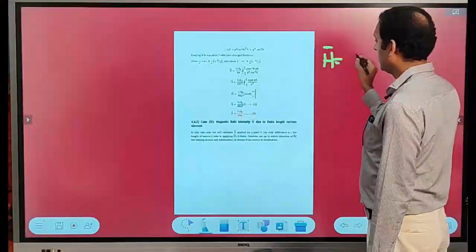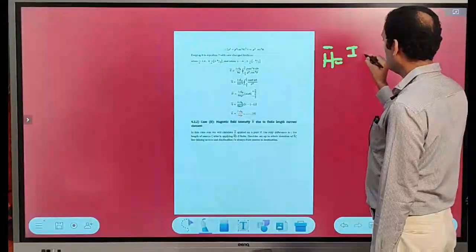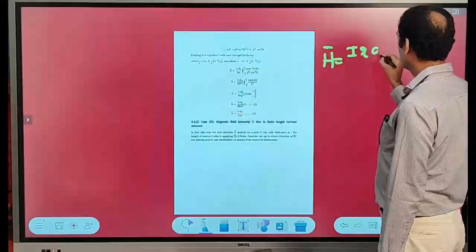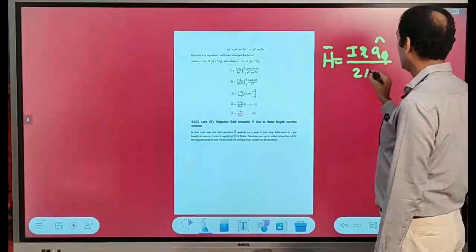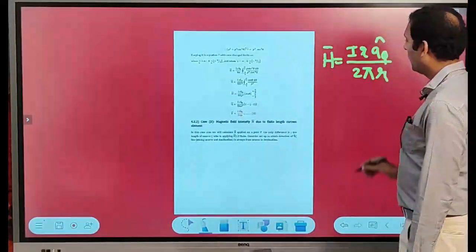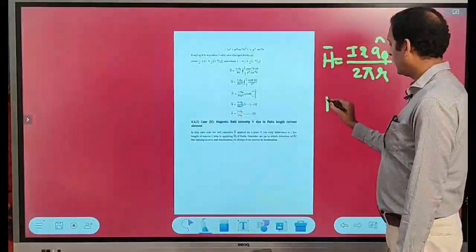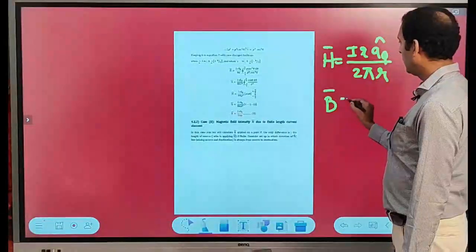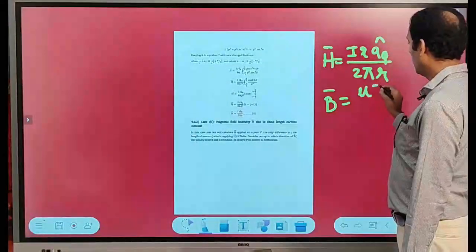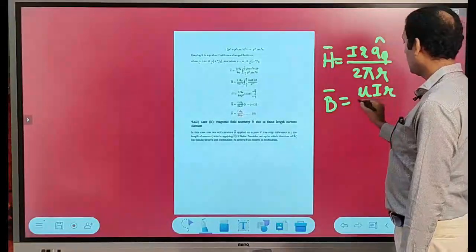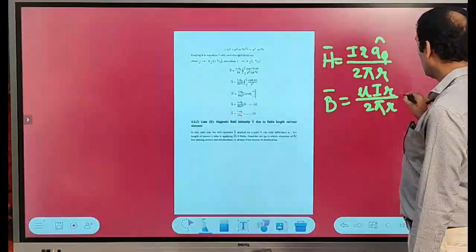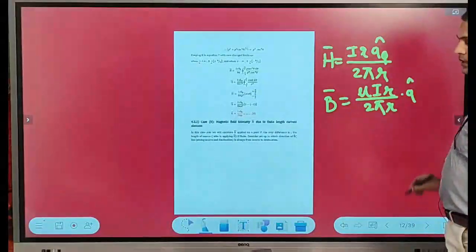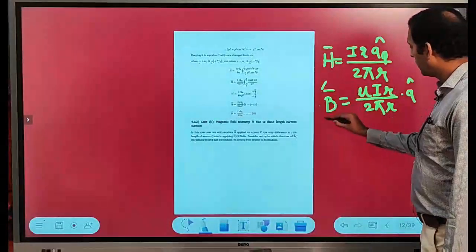After simplification of all the steps, we get H bar equal to I a phi cap divided by 2 pi r, or in terms of B bar, equal to mu I divided by 2 pi r into the direction.